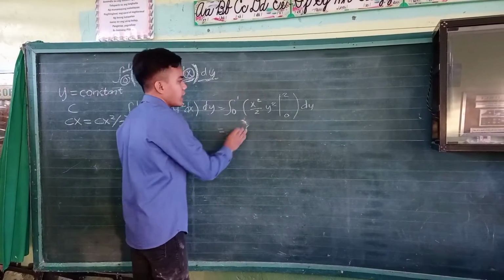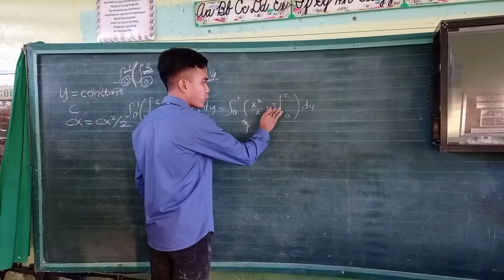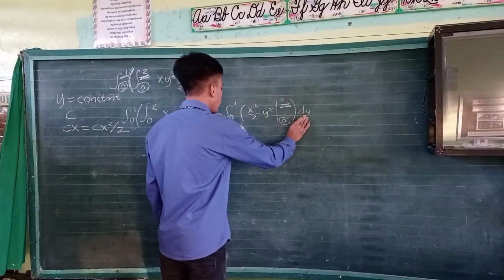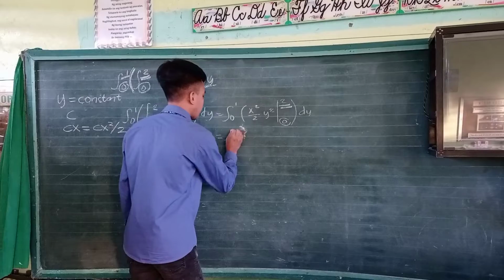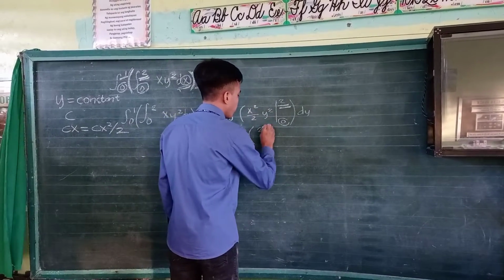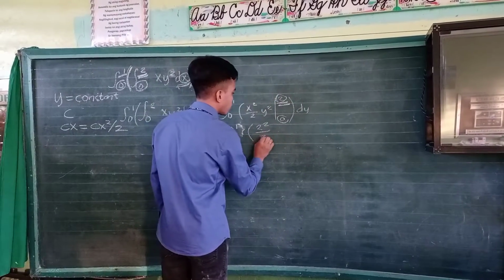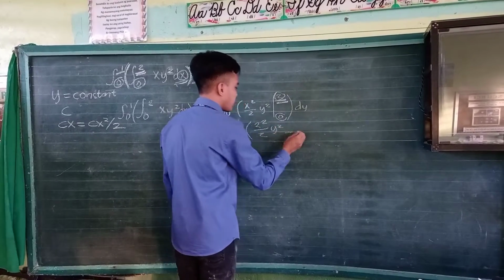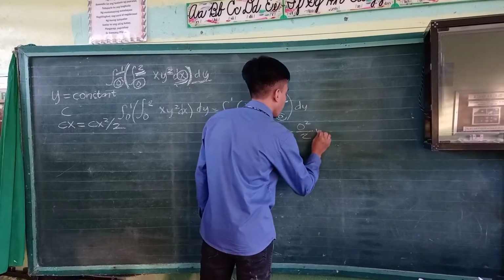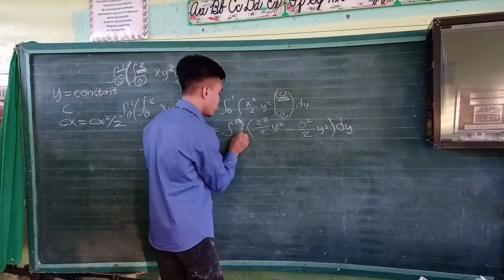From here, the double integral with respect to x, x squared all over 2, y squared from 0 to 2, with respect to y from 0 to 1, will look like this: 2 raised to 2, since 2 is our value above, all over 2, y squared, minus 0 raised to 2 all over 2, y squared, with respect to y from 0 to 1.